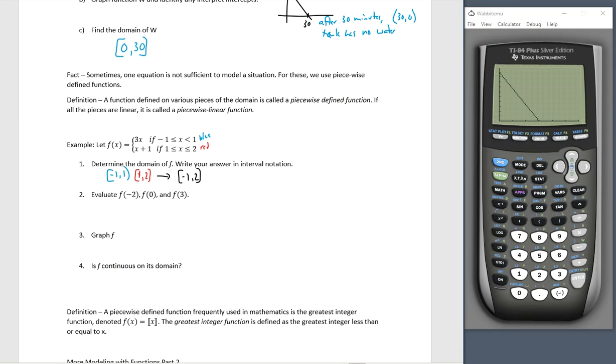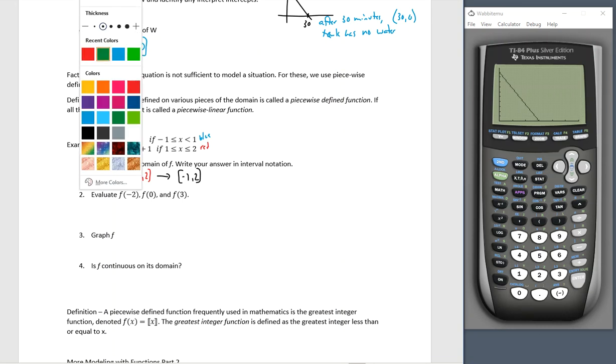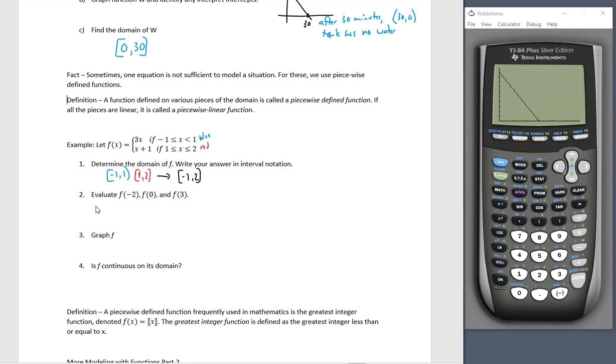Okay, let's evaluate f of negative 2. I ask myself, where does negative 2 fit in these intervals? And I'm going to look over here. Negative 2, oh, that's not even in the interval. That's undefined.